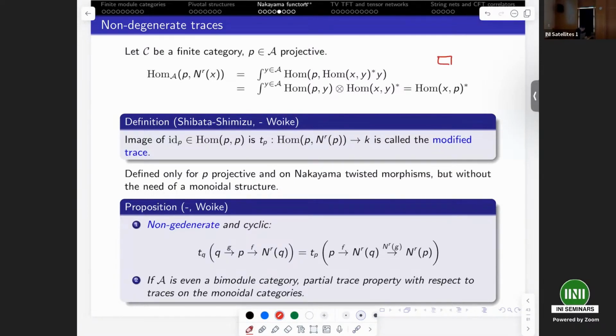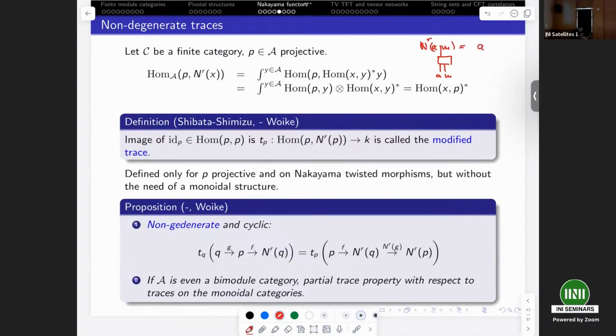So if I take a morphism in the bimodule category from A acting on M to, so what should I do? I should apply this to N_R of A.M. But this is a twisted bimodule functor.